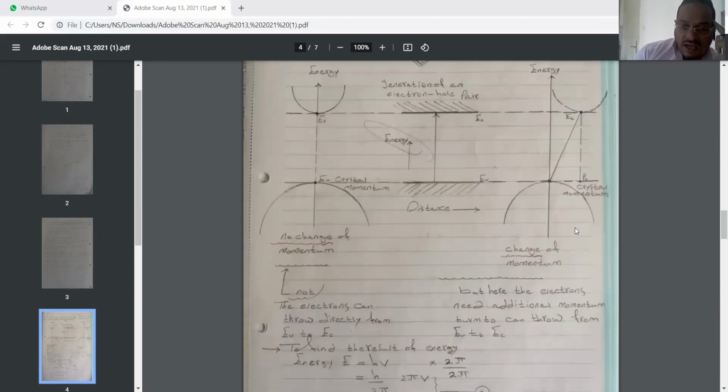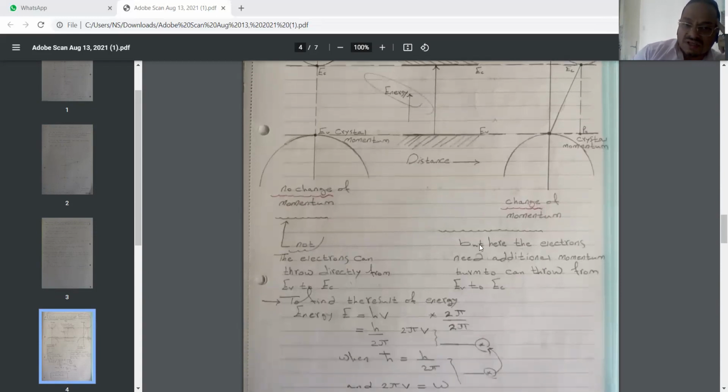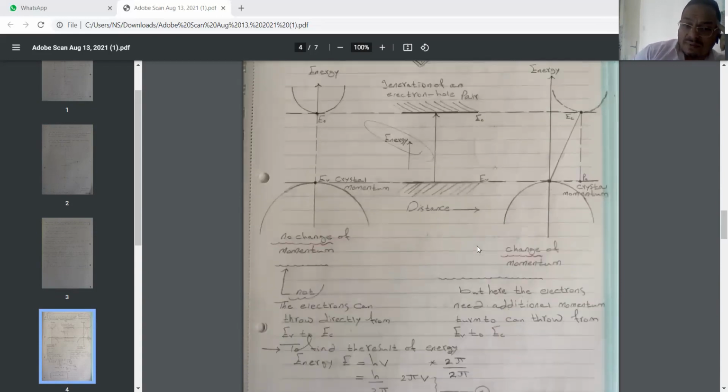That's it. And in the direct band gap, the electrons can go directly from the valence band to the conduction band, like this line, directly and easily.